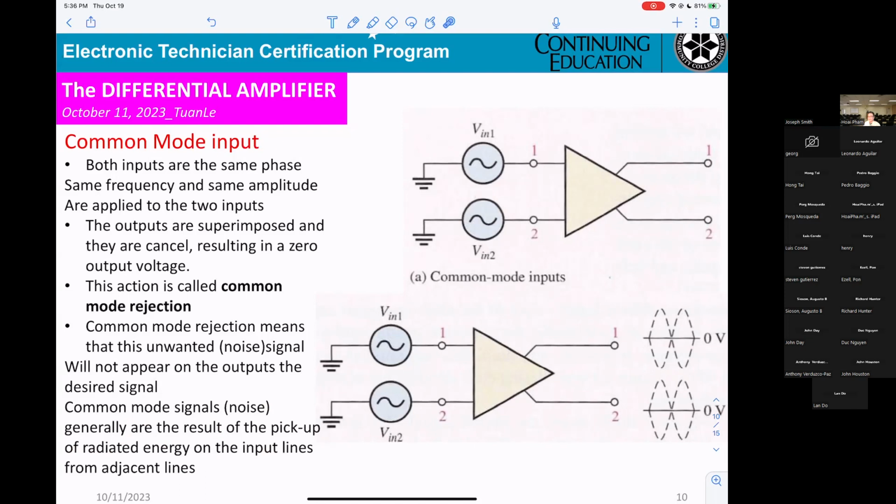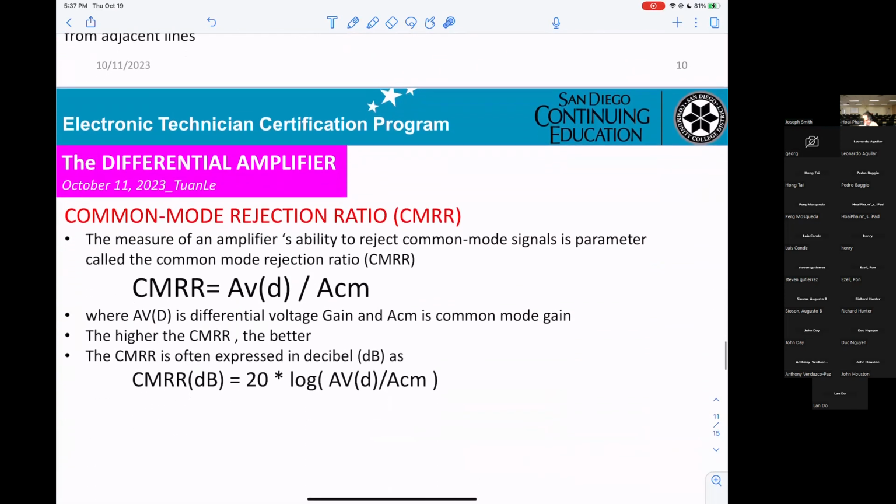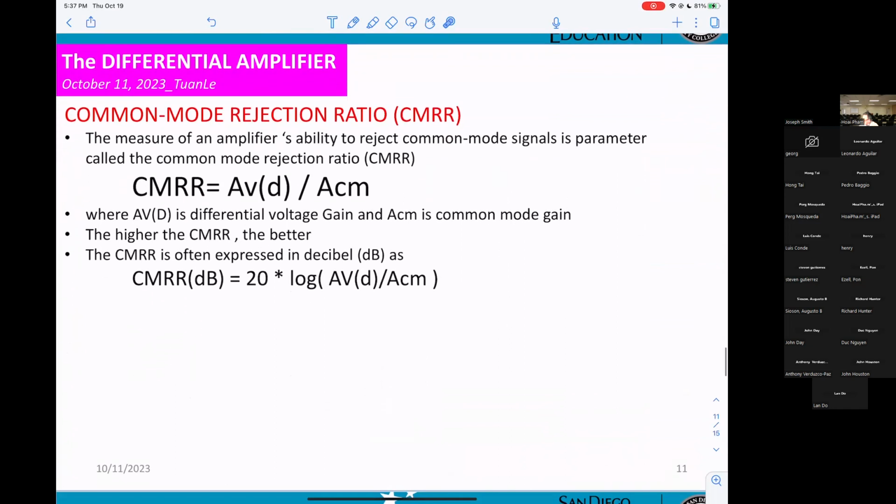That means it is affected by the noise. Common mode rejection ratio, CMRR. The measure of an amplifier's ability to reject common mode signals is a parameter called the common mode rejection ratio, CMRR.